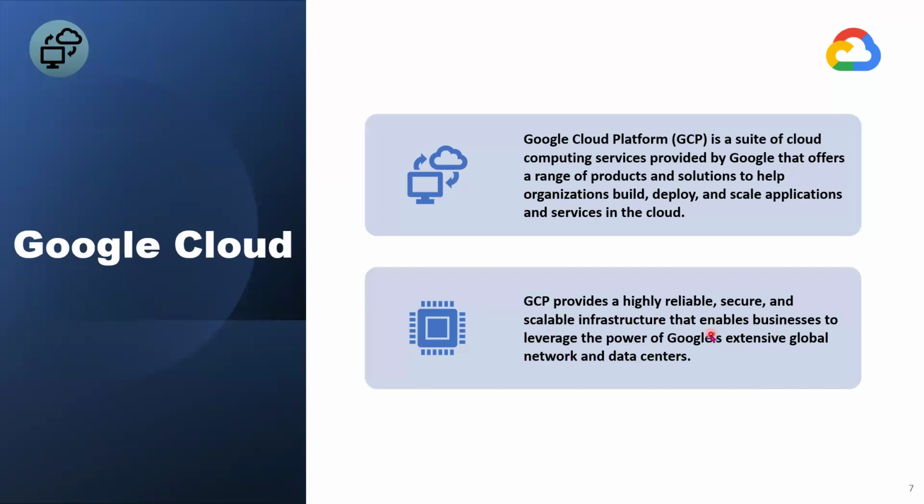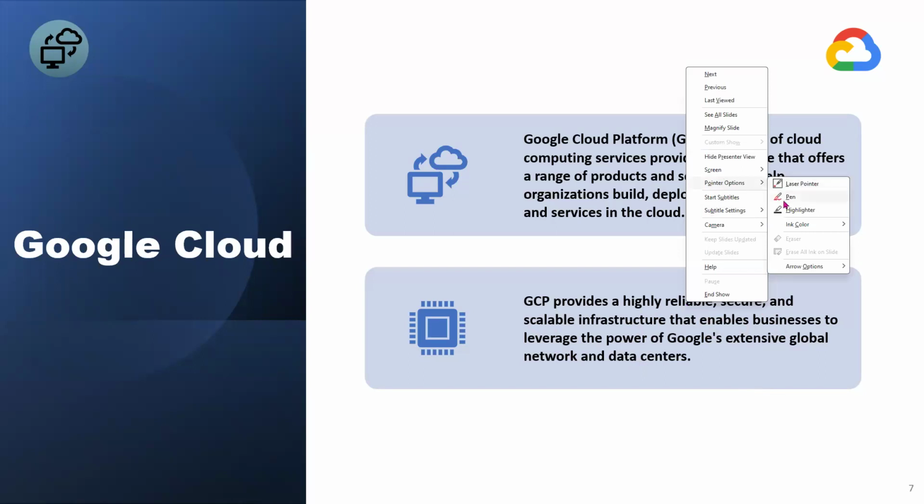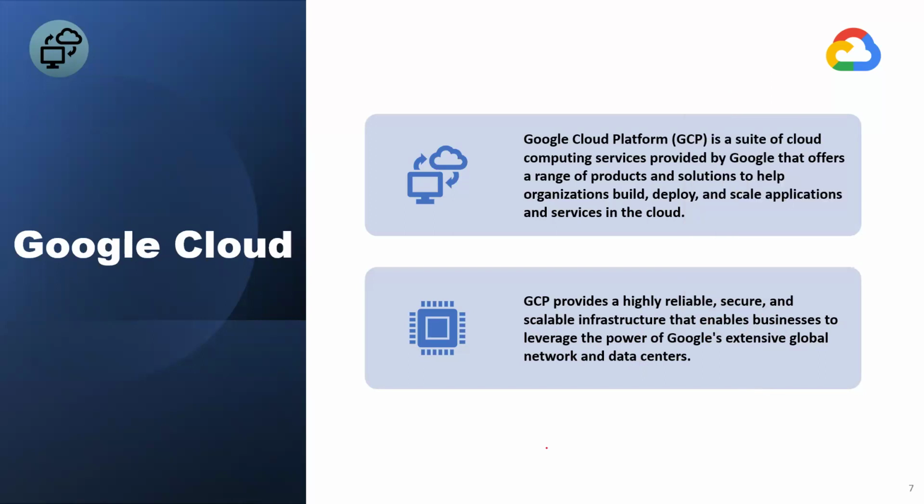So all of these services are highly secure and highly scalable. If you wanted to store any amount of data, you can store any amount of data, any amount of processing you wanted, any machine configuration you wanted, you can change it at any point of time. So that is possible. Okay, so this is what Google Cloud Platform is, sir.